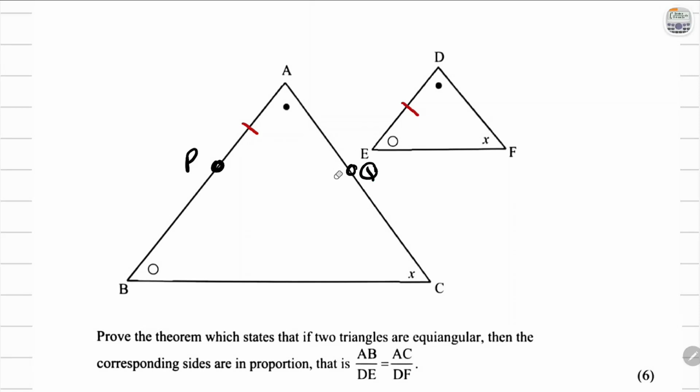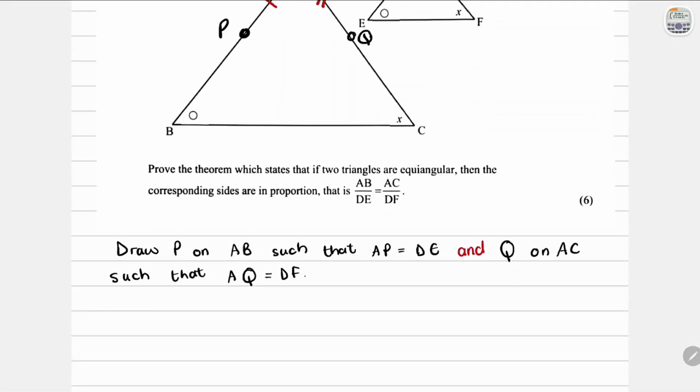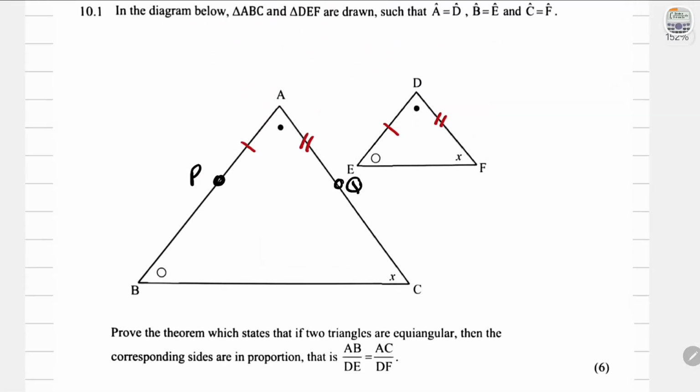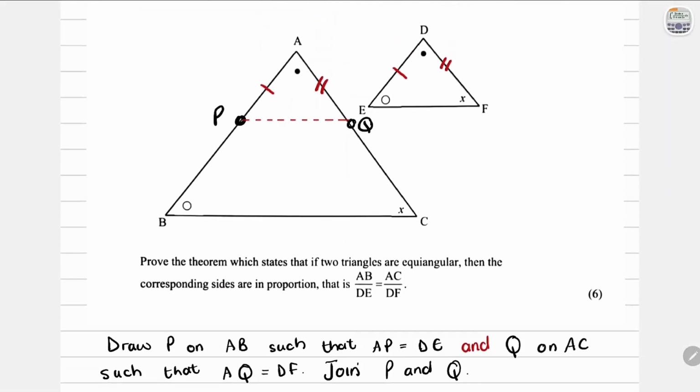And then we're putting down a point Q on this line AC in such a way that AQ is exactly equal to DF. That's what we're doing in that part. So we're first going to go ahead and write down everything we are doing. Okay, so now that we have done that, the next thing we're going to do is actually join these. So we're going to join these two together. I'll just create a construction line. Okay, so that is it for the construction.